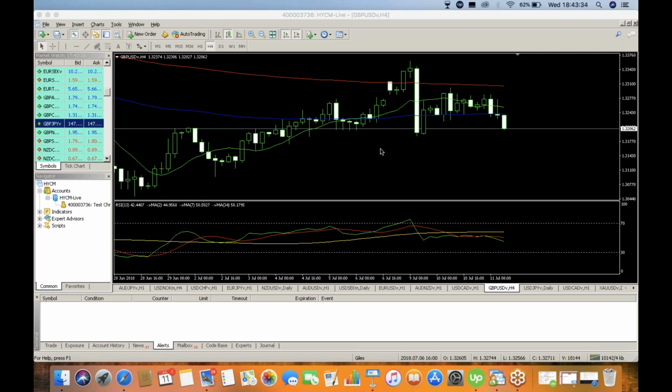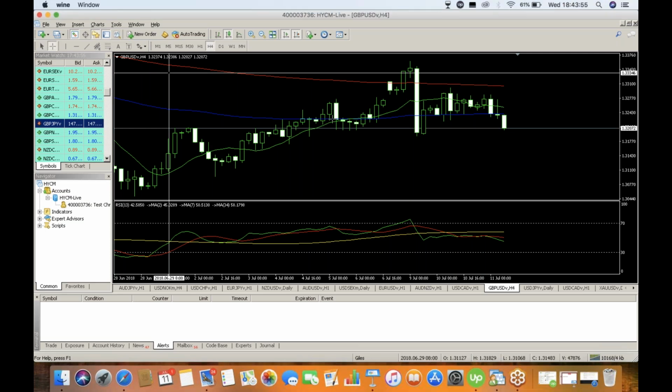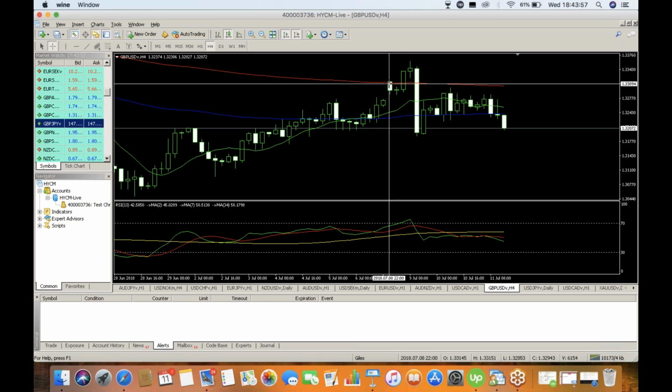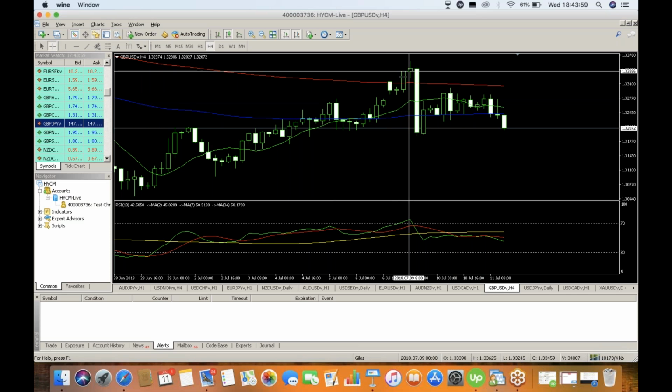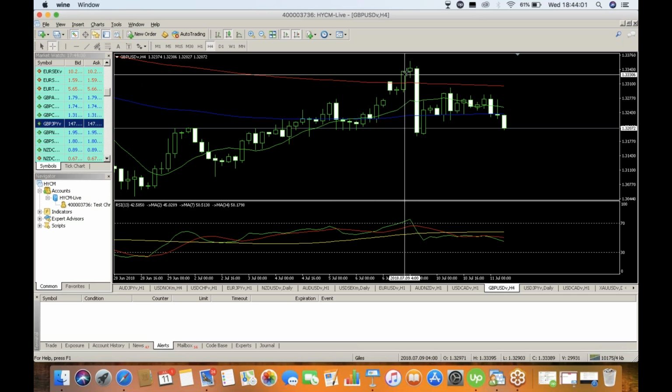Her aim was to unify the government around a third way Brexit plan. She managed to do that. So over the weekend there was a general lull, and folks were broadly accepting what the government had done. When the market opened, it gapped open to the upside and the pound appreciated.